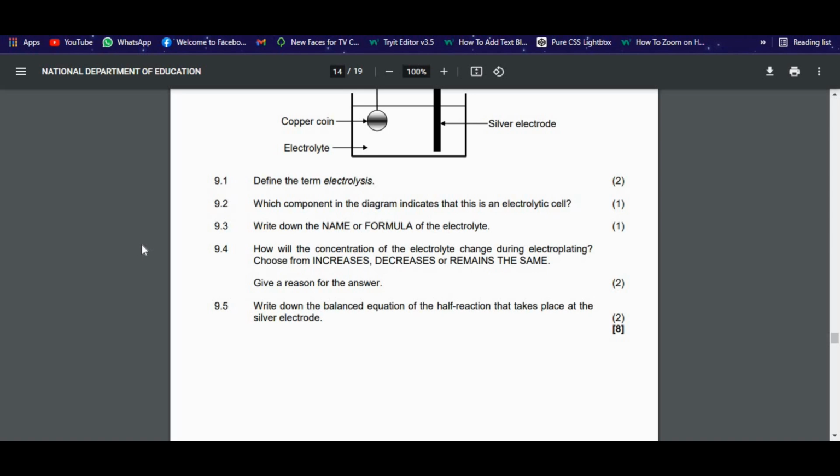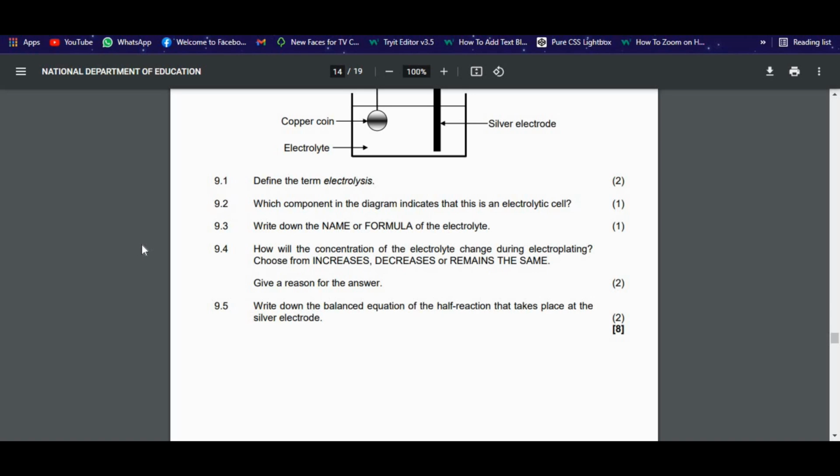In other words, the silver from the electrode is obviously going to be oxidized, and it's going to go all the way onto the copper coin. So it's going somewhere. Now the minute it goes somewhere, it's no longer present in the solution. Correct? It's no longer present in the solution.